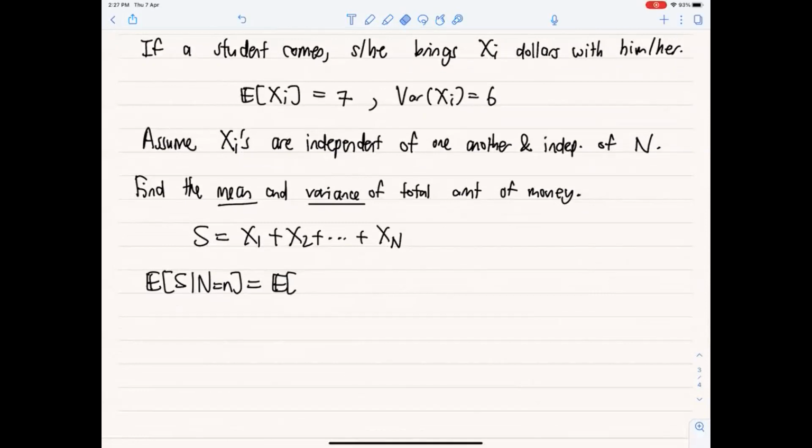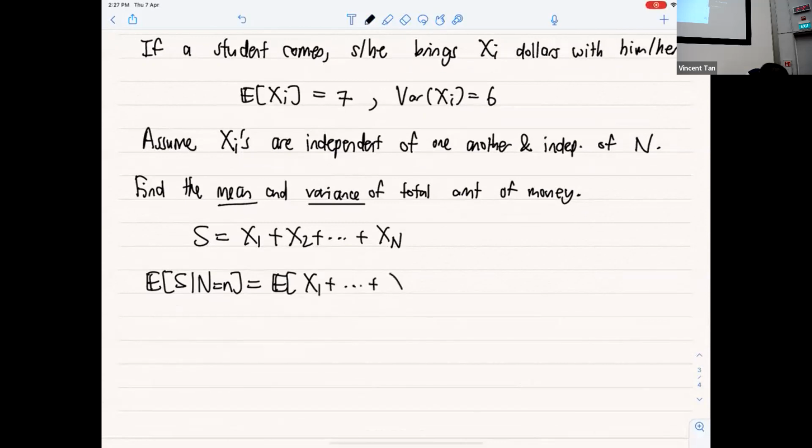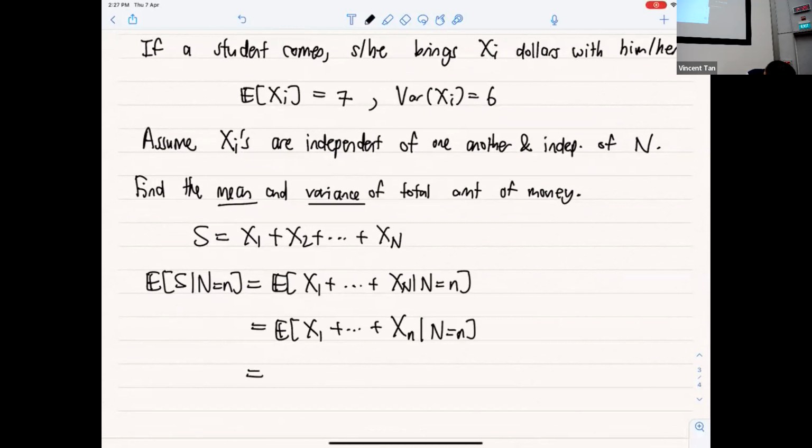So the expectation of S given N equals n. We have X_1 plus ... plus X_N. That is just the definition of S. But this is equal to, well, I know for sure I'm conditioning that N is little n, so I put n here. And by the fact that capital N is independent of all the X_i's, I can drop this conditioning because of independence.